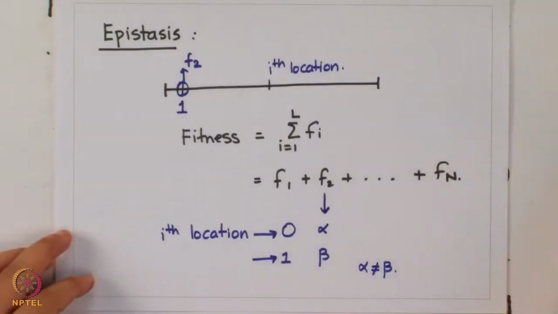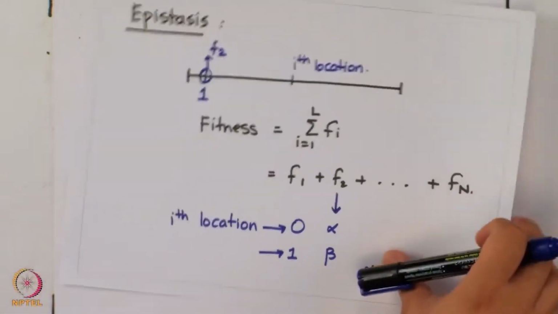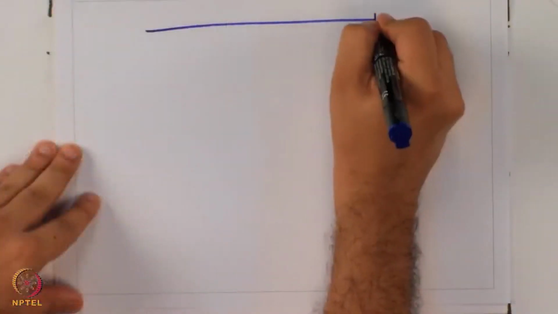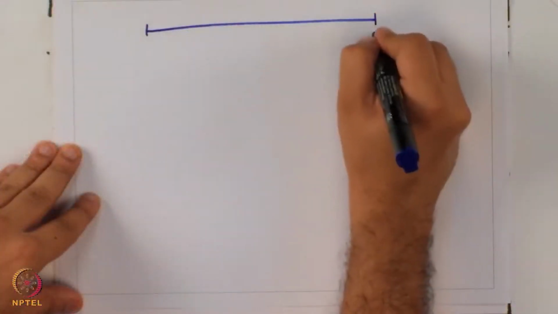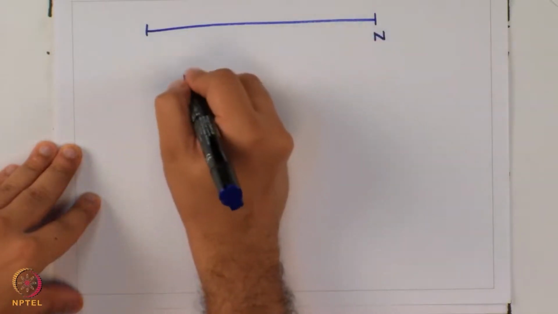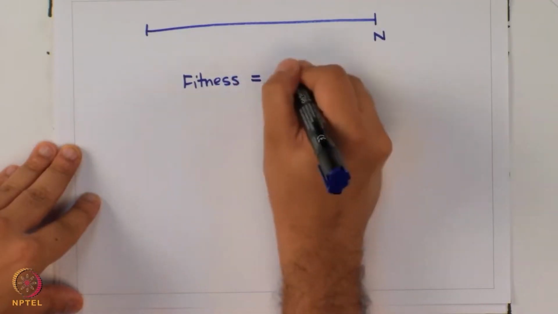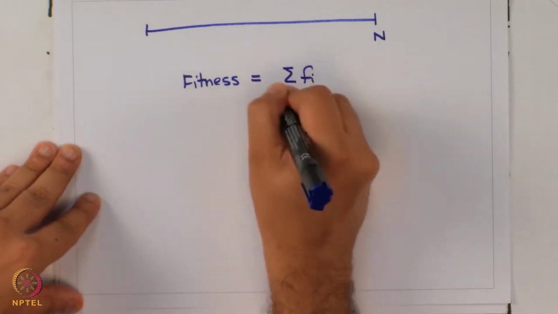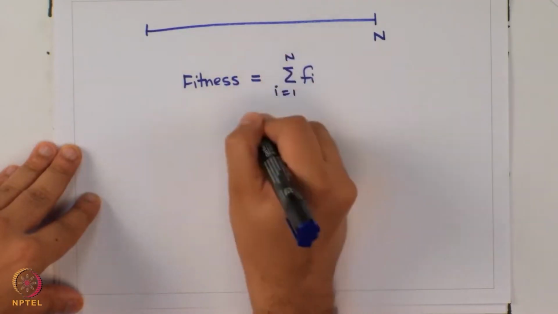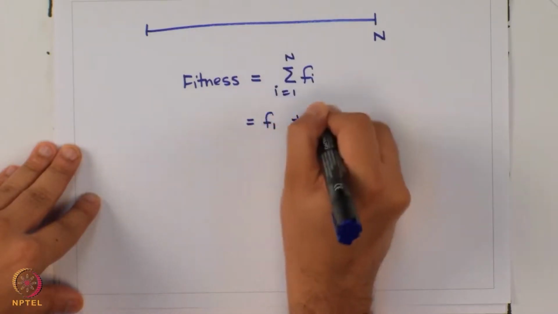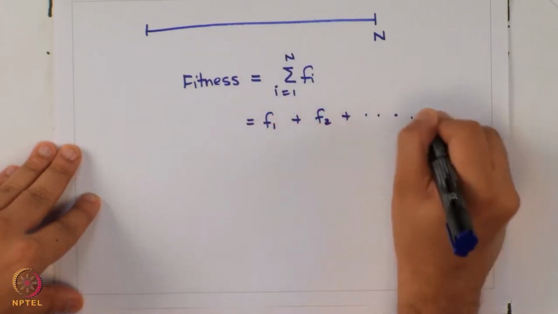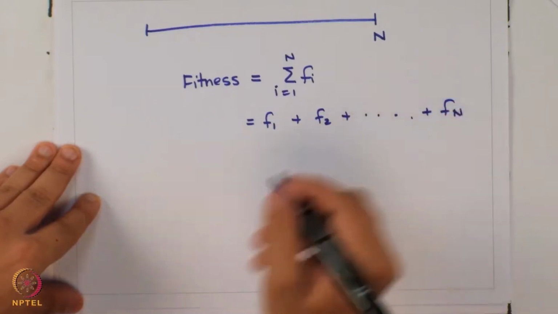And what K represents is, so again for the sake of clarity, let us redraw this. The length is n, and fitness is equal to sigma Fi, i going from 1 to n, which is equal to F1 plus F2 plus Fn.